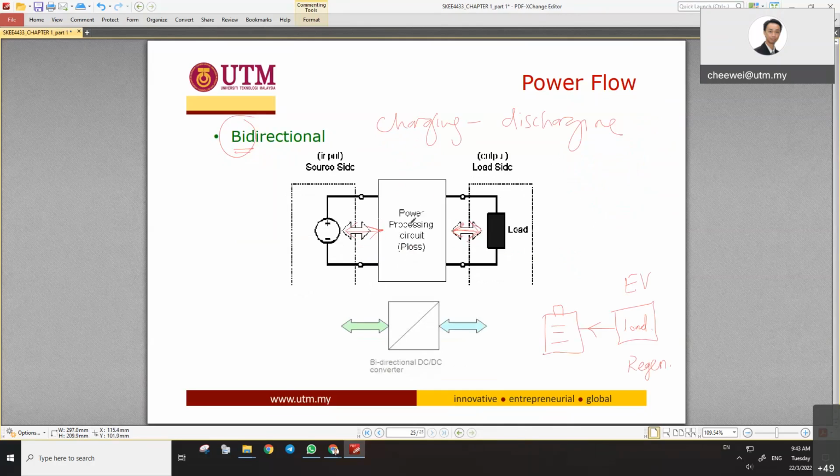It needs to deal with charging and as well as the reverse flow of energy. So bidirectional is more complicated, and the schematic of the circuits also, or we call it the topology of the circuits, also not the same compared to unidirectional. Okay, that's all for the first part. Any question?